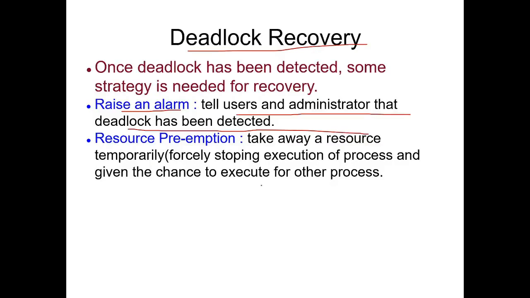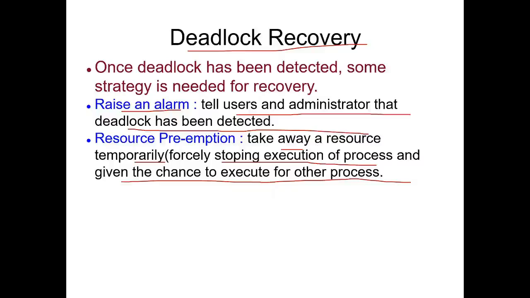Resource preemption. Take away a resource temporarily, forcefully stopping the execution of a process and giving the chance to execute to another process. That means suppose a resource is already allocated to some process, and another process is trying to use that resource, then there are chances of the system going into the deadlock.